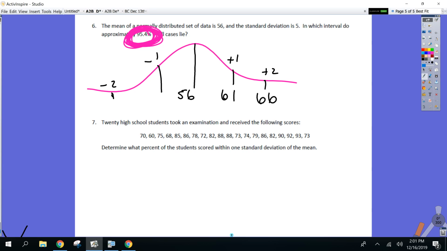Okay, so if I subtract 5, I get 51. Subtract it again. 46. So what's the range of scores that 95% fall in? 46 to 66.